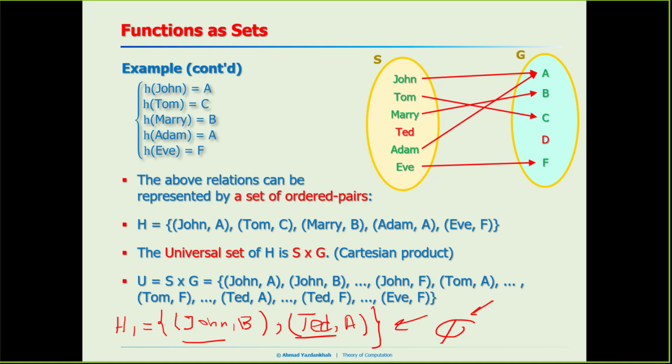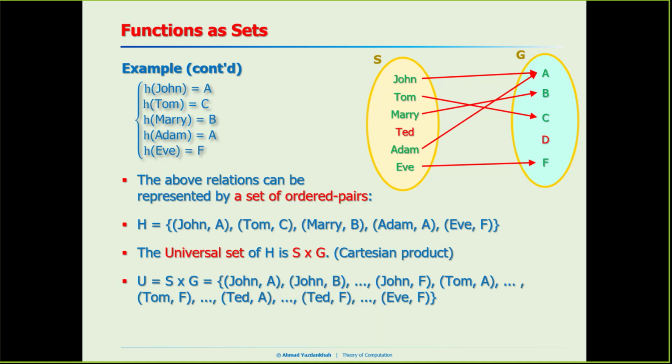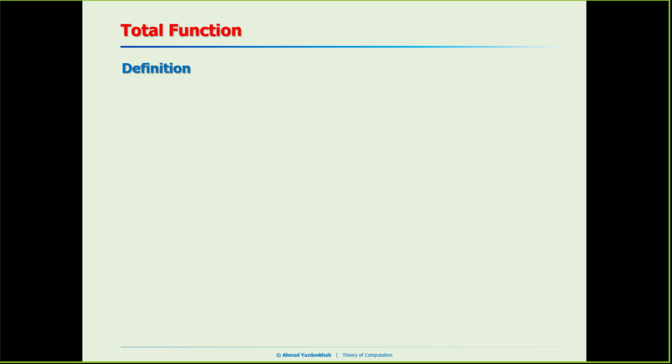Because if we have John and A and John and B, this is a subset of the U, right? But it is not a function. So some of them we should eliminate. So if we have John, it should be unique. We have another very important concept here.